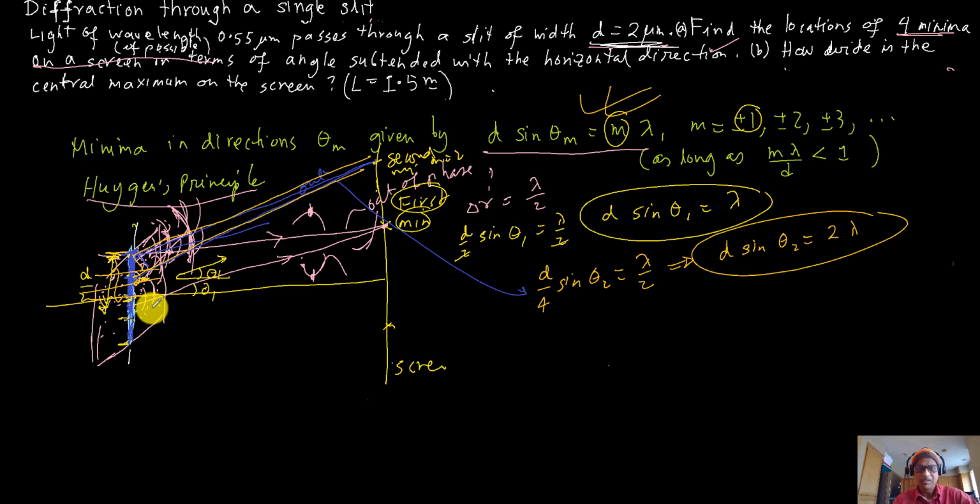So the further you go out, you have to split this wave into further pieces. And because this is a continuous wave, you can split it into as many pieces as necessary. And of course, at some point, you're going to violate the rule that sine theta can't be more than 1. And that's when you stop. So this is a nice trick to get what the minimum will be.